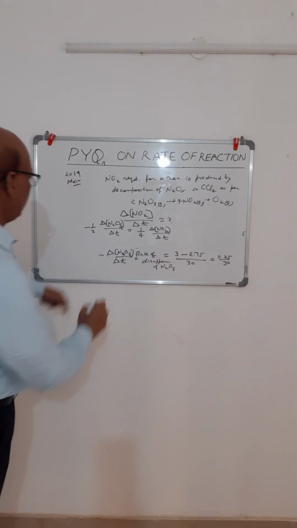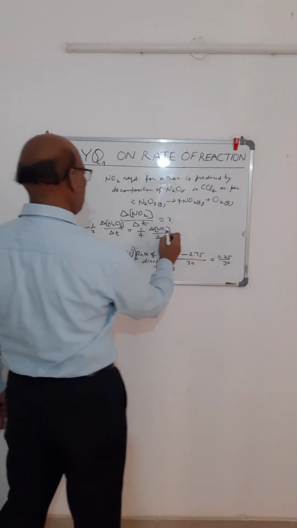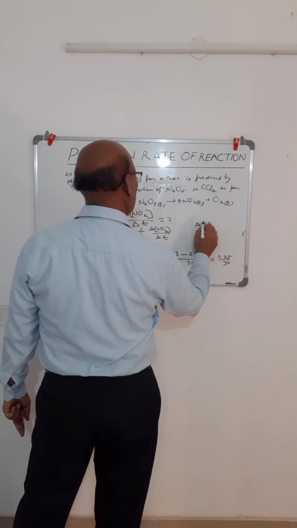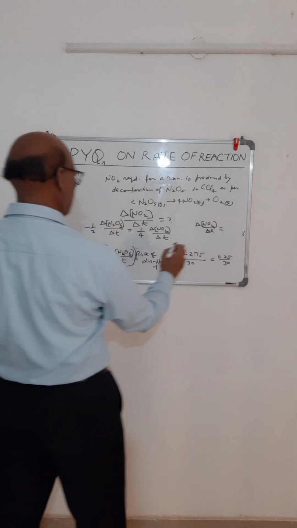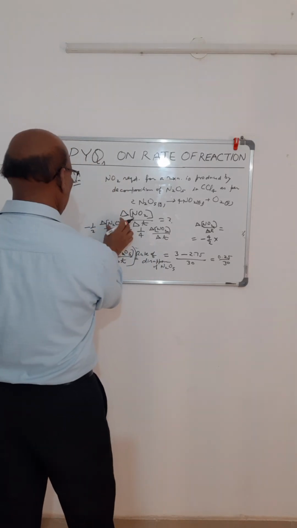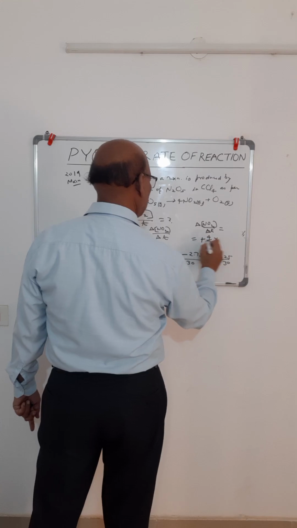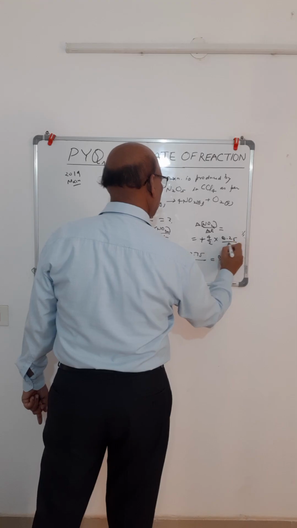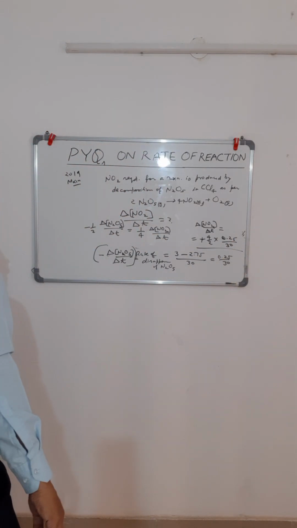Now this we have just found out. So delta[NO2] upon delta t will be equal to minus 4 by 2 into delta[N2O5] by delta t, and minus minus becomes plus, so 4 by 2 into 0.25 divided by 30. So this much moles per liter per second will be our answer.